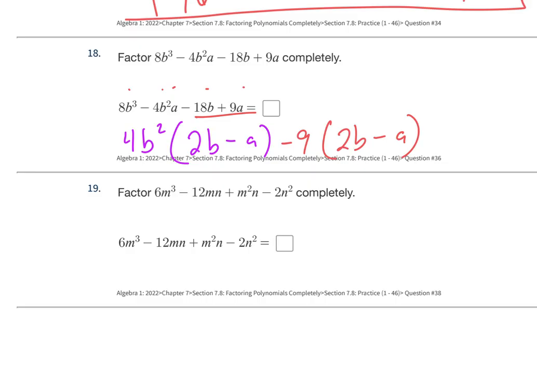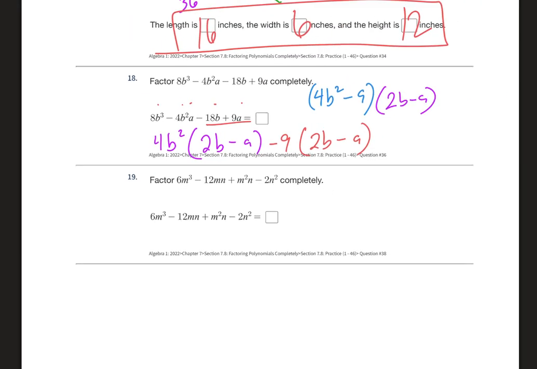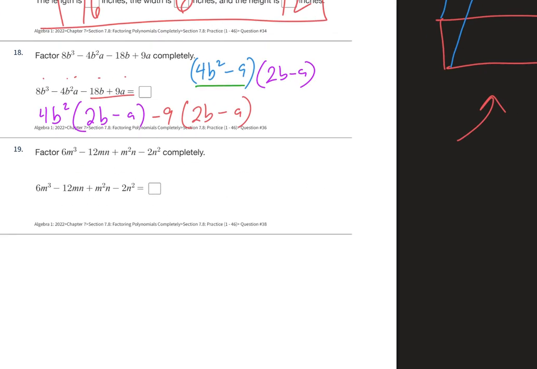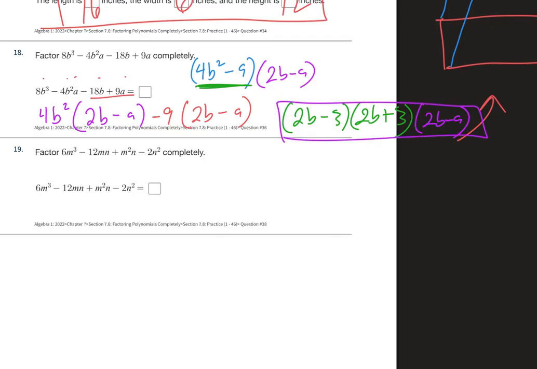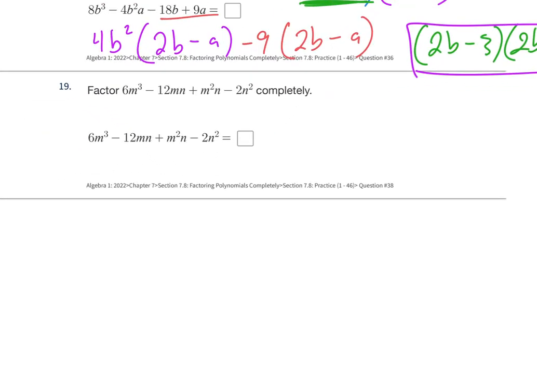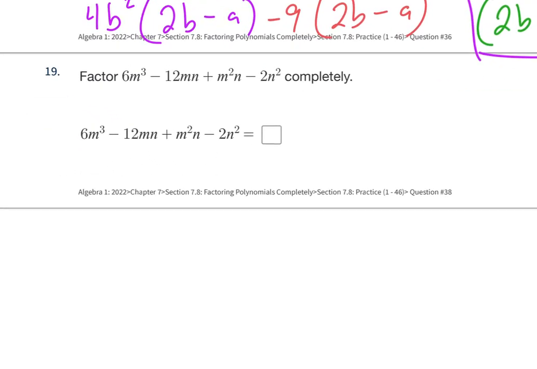And I wasn't asked to solve it, just to factor it. So I get 4b squared minus 9 times 2b minus a. But if you were to stop there, you'd be wrong, because this factors into 2b minus 3, 2b plus 3, 2b minus a. That is everything right there. That's the final answer.